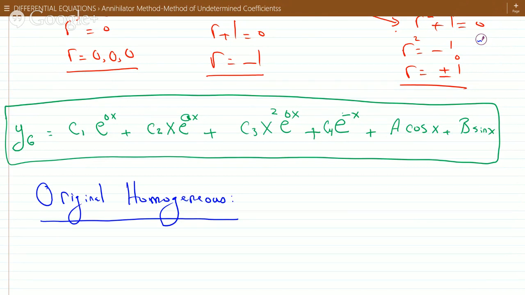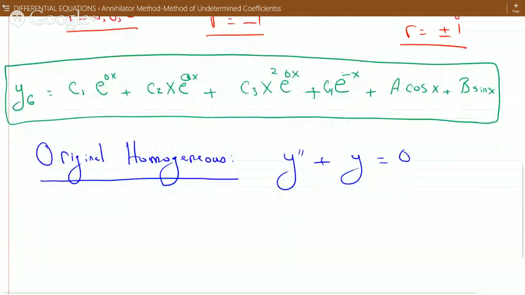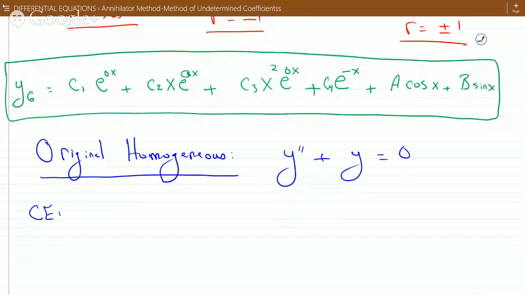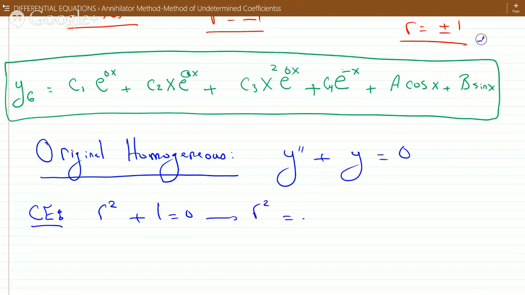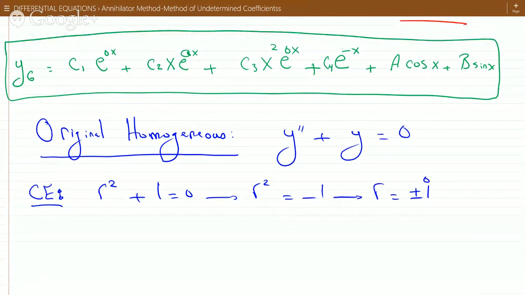So now all we have is y double prime plus y equals 0. You write your characteristic equation and you get r squared plus 1 equals 0, which makes r squared equals minus 1, which makes r equals plus or minus i. These are your sines and cosines.